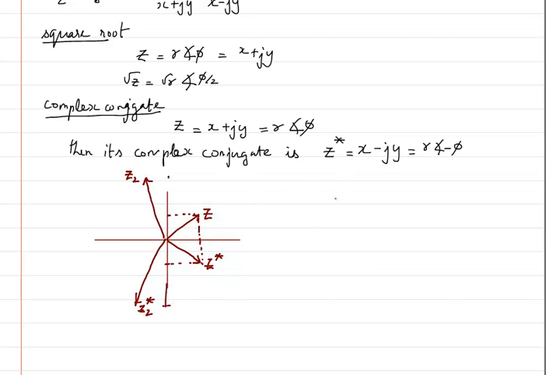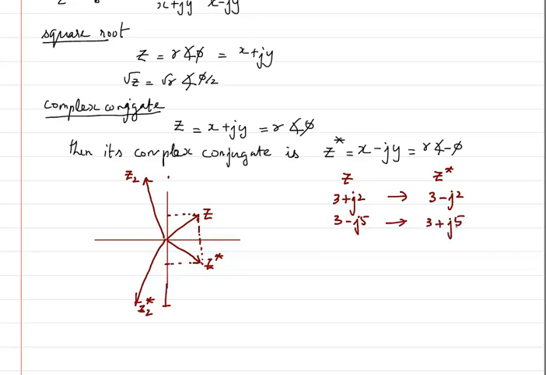Suppose you have 3 plus j2, then you write its complex conjugate as 3 minus j2. If it is 3 minus j5, then you write its complex conjugate as 3 plus j5.